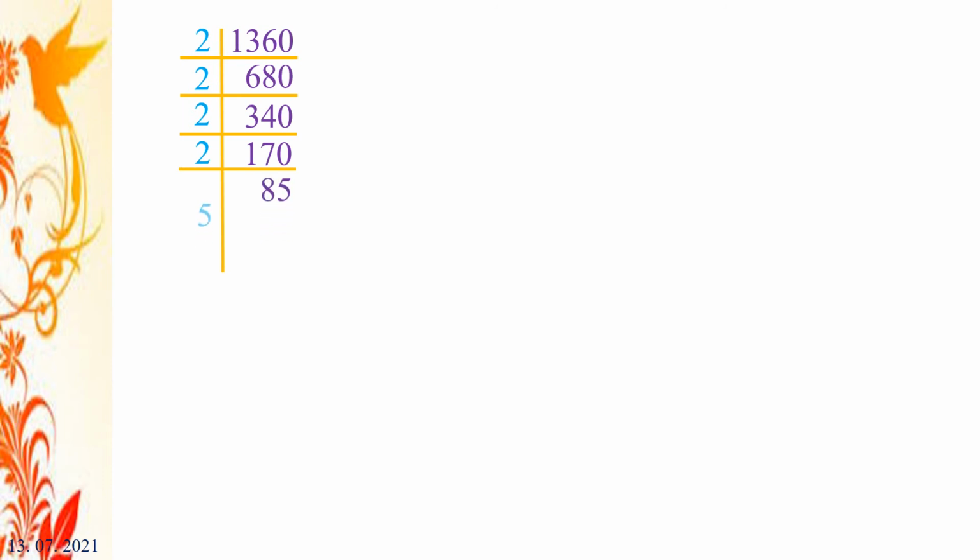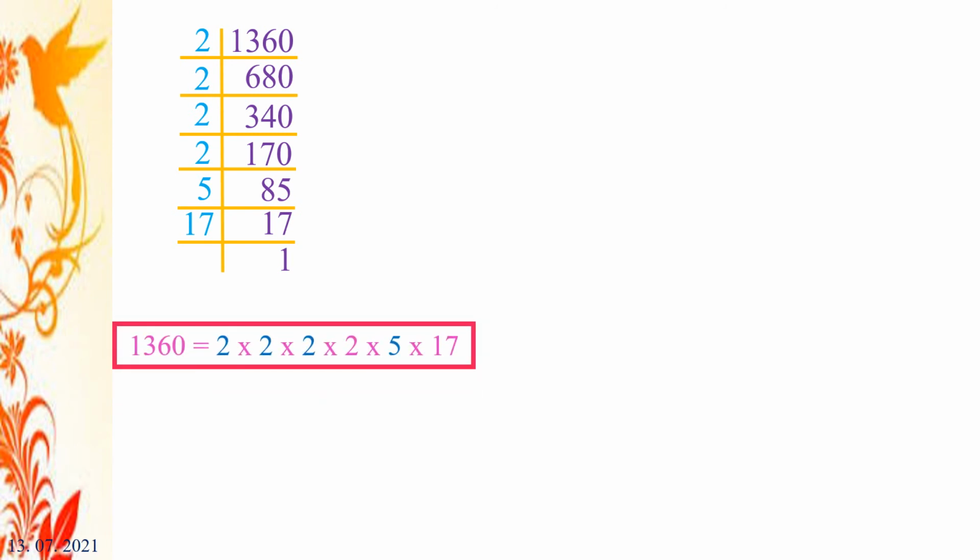And 85 is divisible by 5 and we'll get 17. 17 is a prime number, so it is divisible by 17. We'll get 1. So you can write all the factors of 1360, that are 2 multiplied with 2 multiplied with 2 multiplied with 2 multiplied with 5 multiplied with 17.